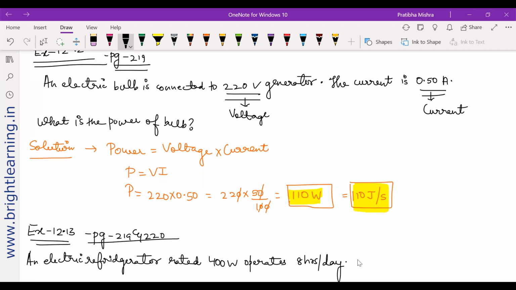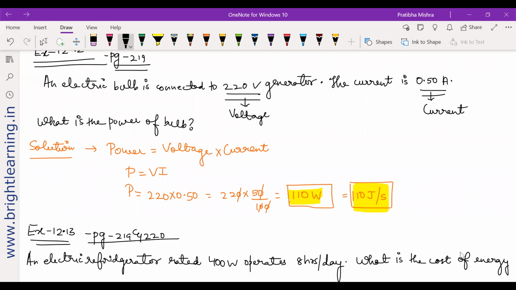Now they are also telling what is the cost of energy. What is the meaning of energy? Energy is nothing but your power or heat. Basically heat is nothing but power expressed in some time. So these are the things that we have.